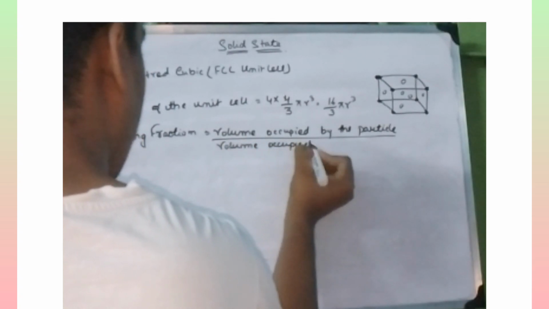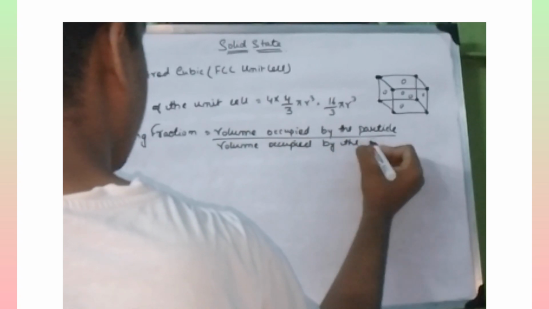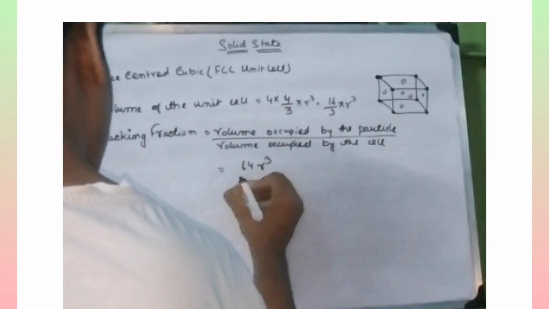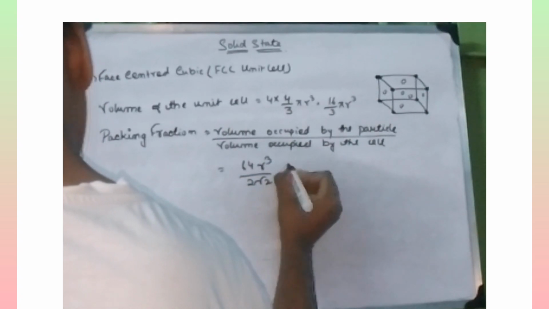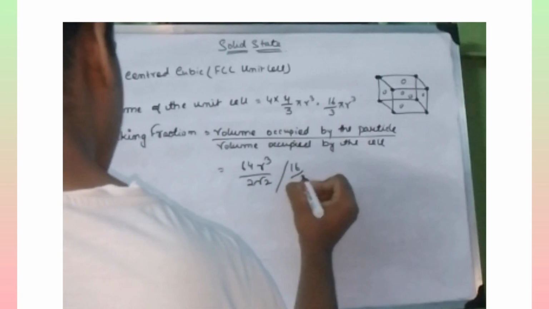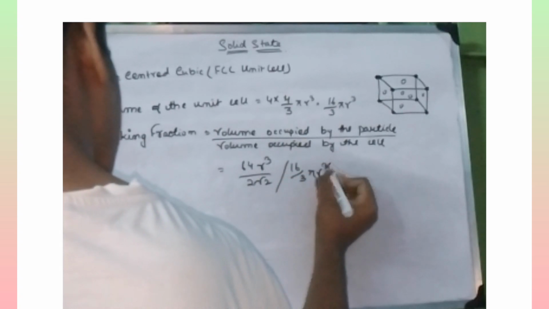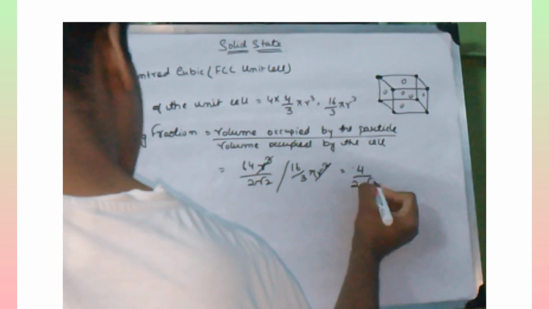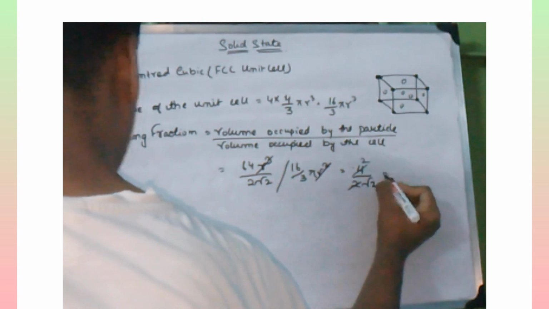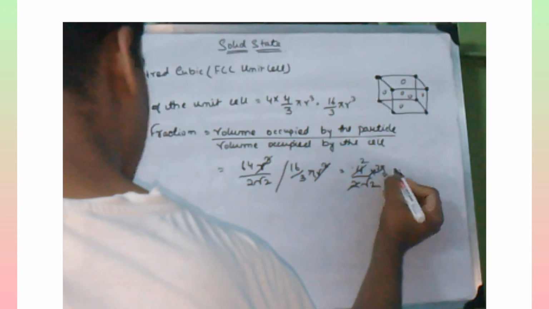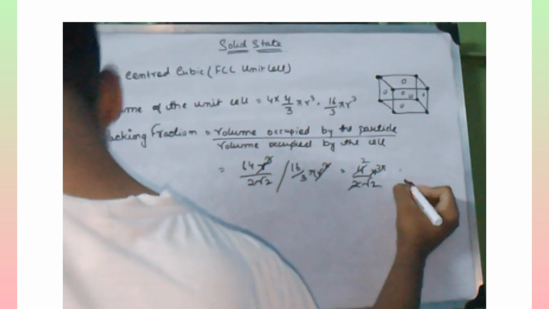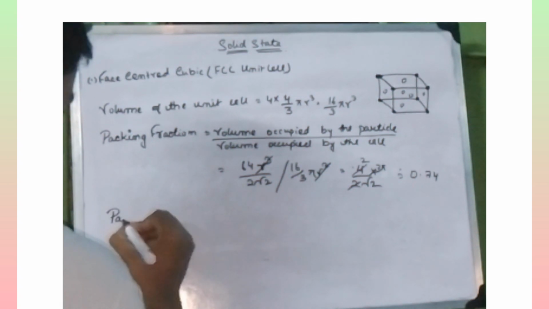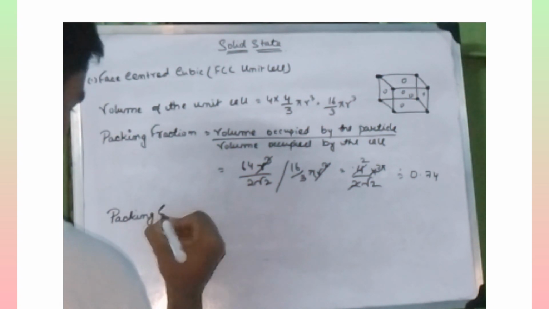In this case, for face centered cubic unit cell, it will be 64 r cube divided by 2 root 2, divided by 16 by 3 pi r cube, which will result to 4 divided by 2 root 2 into 3, which will result to 0.74.